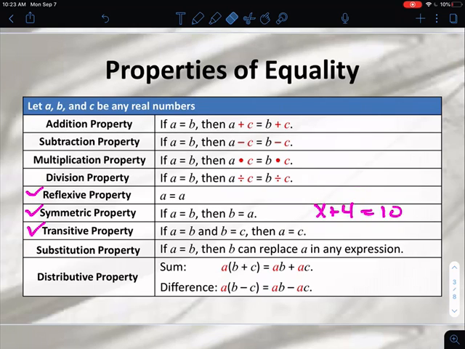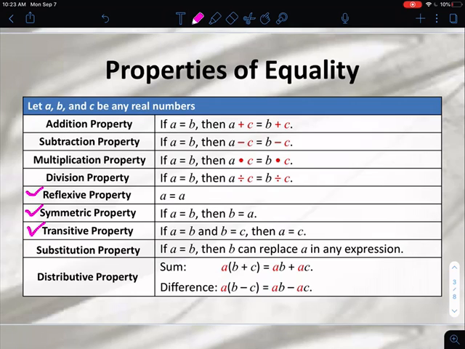So that symmetric property is just saying I can flip-flop an equation and maintain equality. The most common use for this one, though, is like if I'm solving an equation in a proof and I come up with 4 equals x, well, I don't ever want x on the right side, so the symmetric property says, okay, I can flip-flop this and let x equal 4. So anytime you see something being flip-flopped, that's that symmetric property.